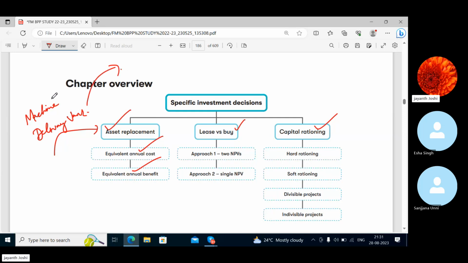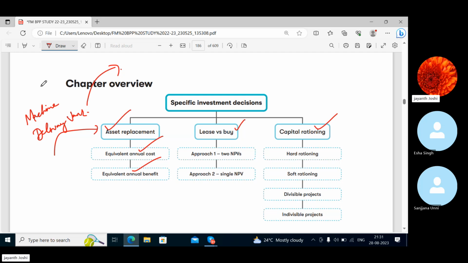And these machines and delivery vans have a certain life. Whatever service or satisfactory usage you expect from them is only going to be for a limited period of time, not for the entire lifetime, right?